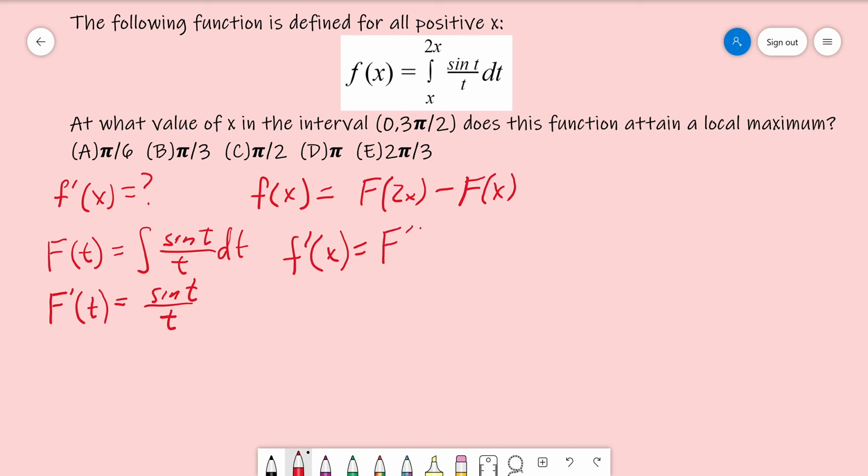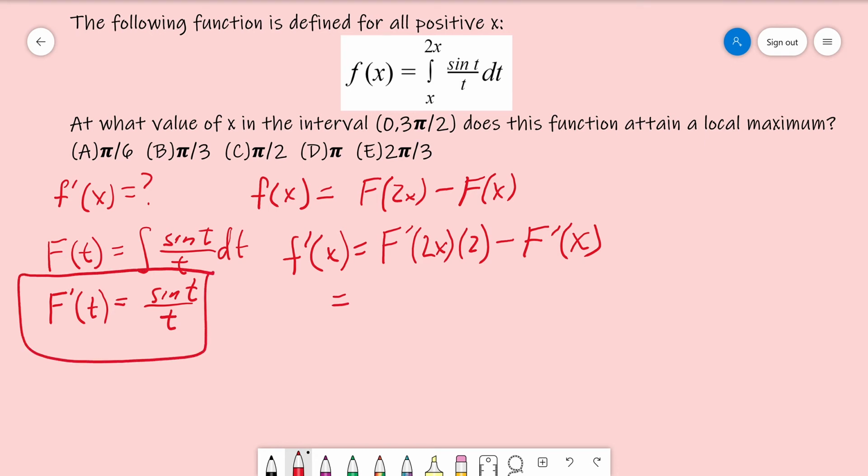That's going to be big F prime of 2x times the derivative of 2x, which is 2, and then subtract the derivative of big F with respect to x. Well, now we know what this is. Since the derivative of big F is sine t over t, this is going to be sine of 2x over 2x, but then times 2, so that's just going to be sine 2x over x, and then subtract sine x over x. So we actually have a common denominator.